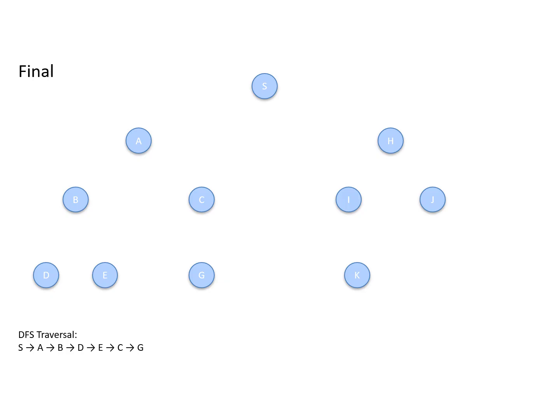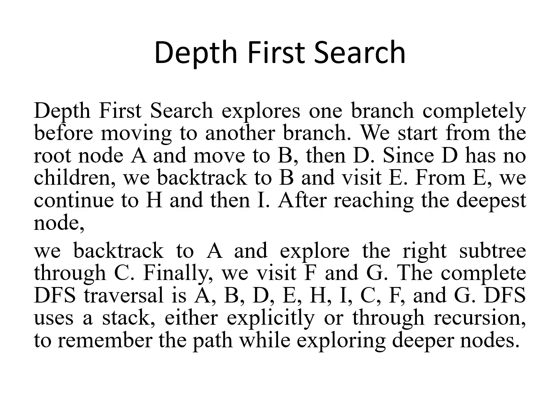Next, another example. Depth first search explores the branch nodes. In particular, we start with node A to node B, and then D has children nodes, using the backtracking process. Again, from the nearest position it visits the B node, then the E node, followed by H, and then I, considering the deepest node.